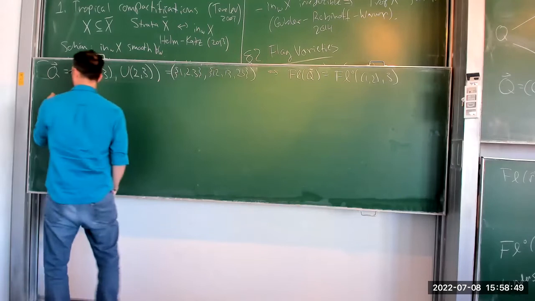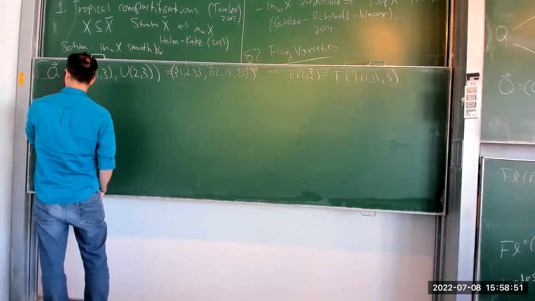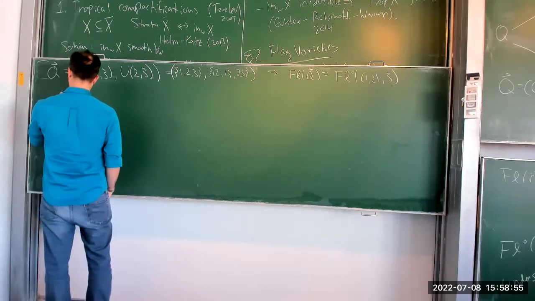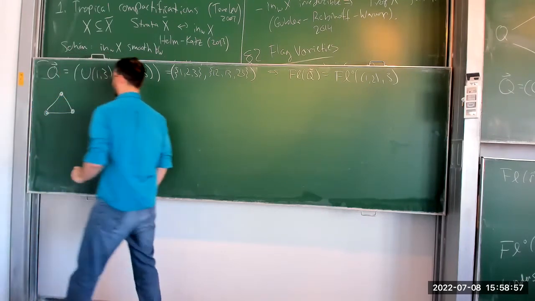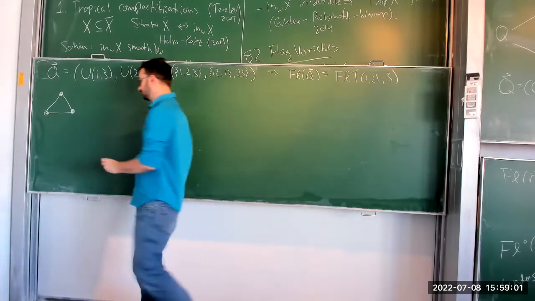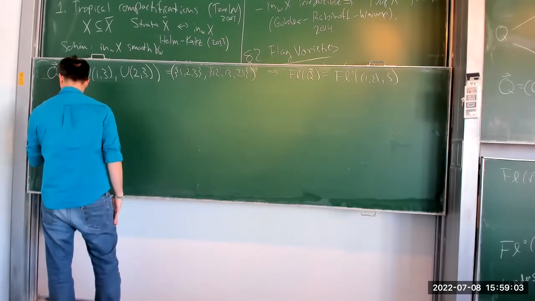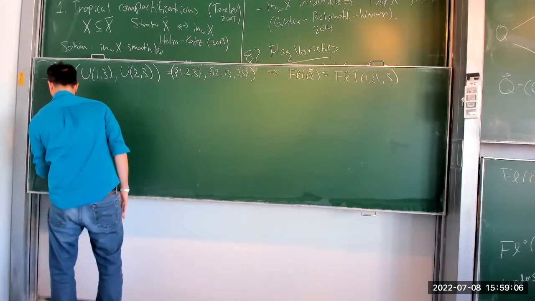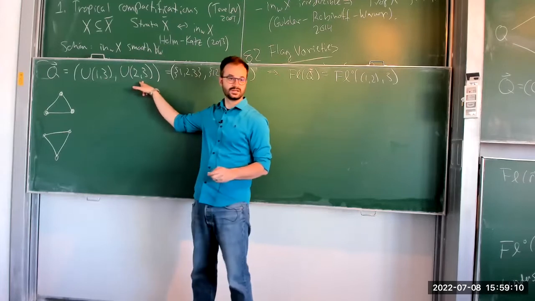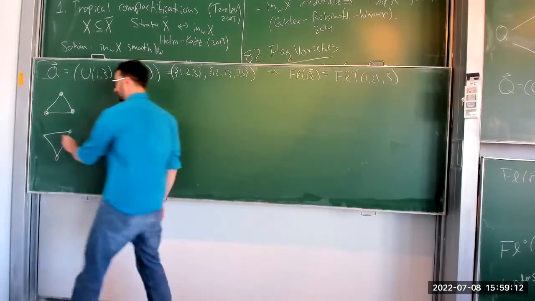So now let's look at what the polytope is. Right, so we take the polytope of the uniform 1, 3 matroid, it's just a triangle. And then the polytope of the U2,3 matroid, which is also just a triangle.